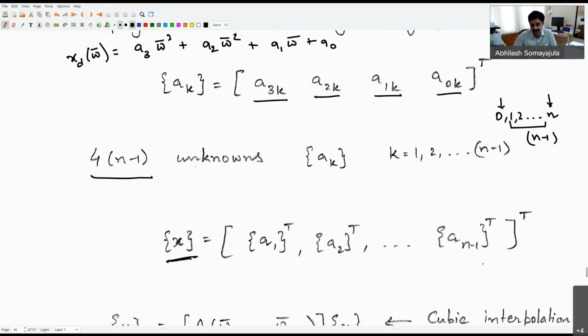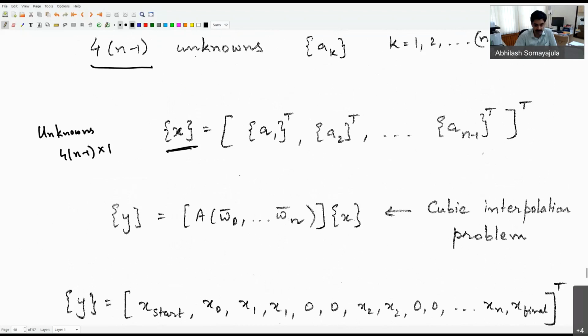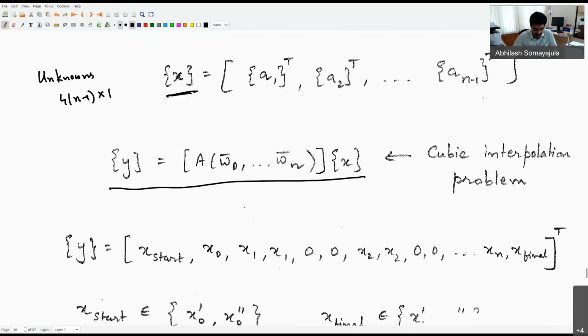So these are all our unknowns, and this has a size of 4 times n minus 1 cross 1. Now we want to set up an equation y is equal to some matrix A times x. And this matrix A will depend on the path variables at each of the different waypoints.